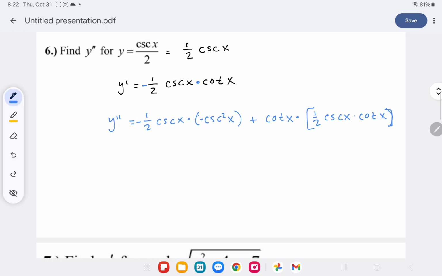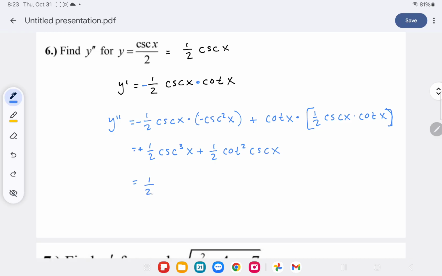This is pretty messy. We can go further. Let's see. Cosecant now to the 3rd power. Actually, that turns into a positive when I multiply that out. And then over here, we have 1/2 cotangent squared and cosecant.